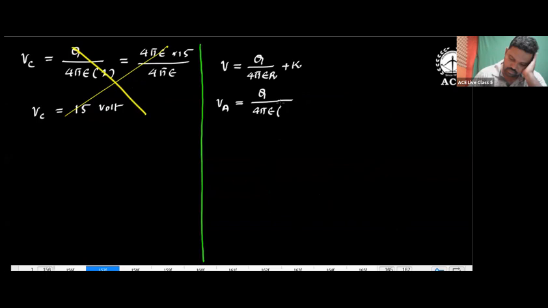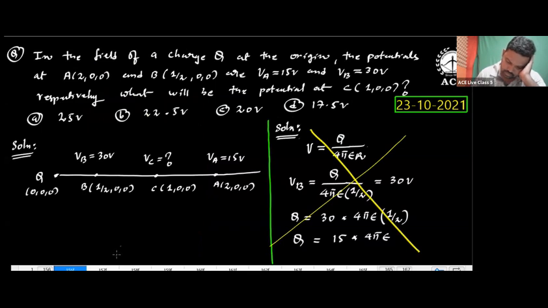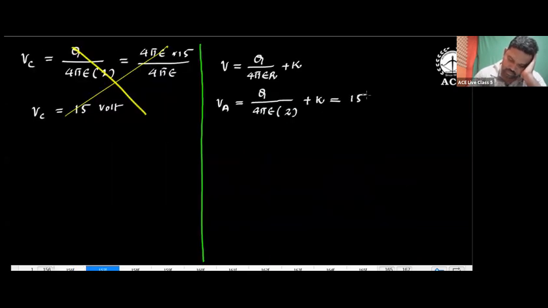Here it is 2. Plus K is equal to 15 volts. VB is Q by 4 pi epsilon, distance is 1 by 2, plus K is equal to 30 volts.